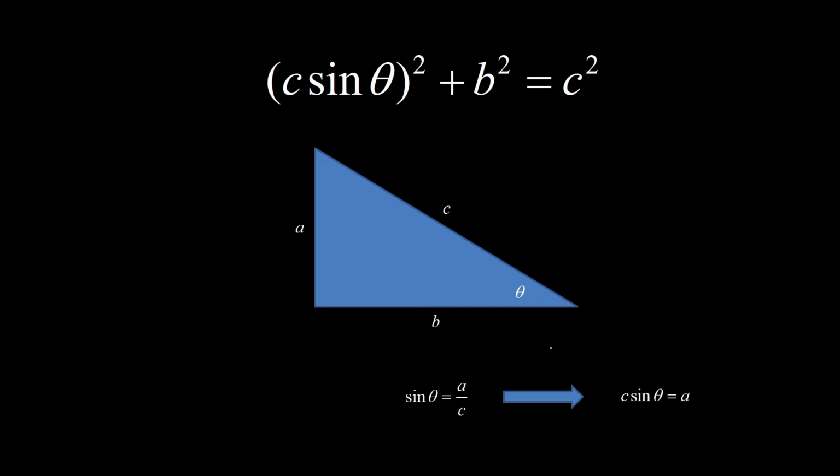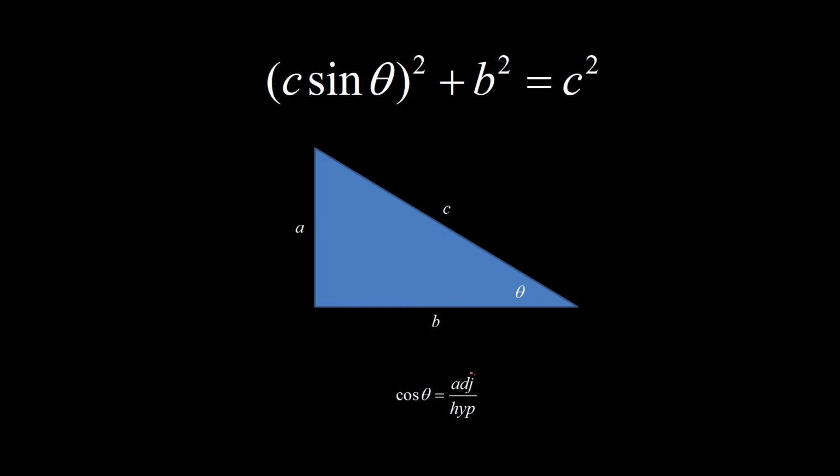Now I'm going to do the same thing, but with cosine. Now cosine is adjacent over hypotenuse, and I had to spell out adjacent here so you didn't get confused with this A and this A, because they are not the same.